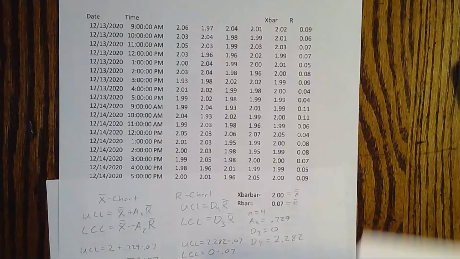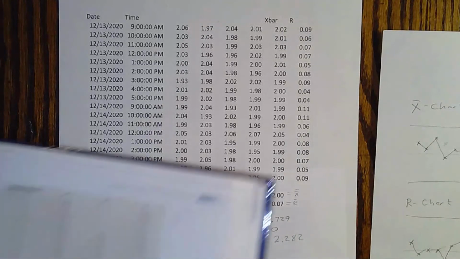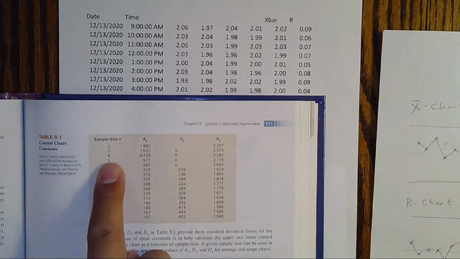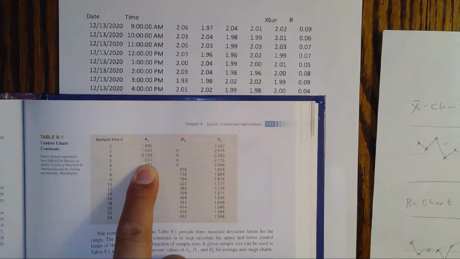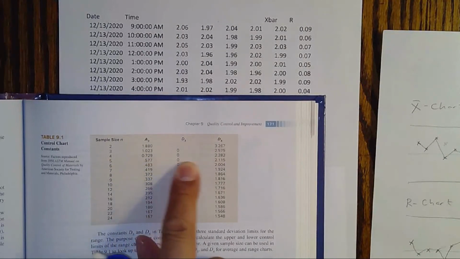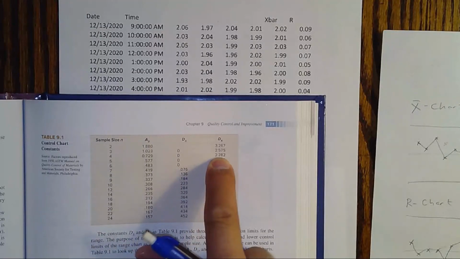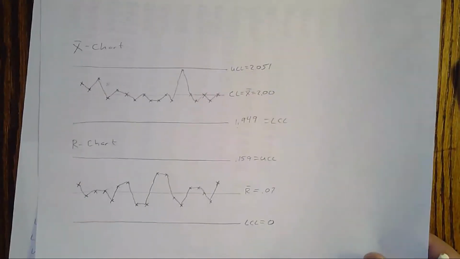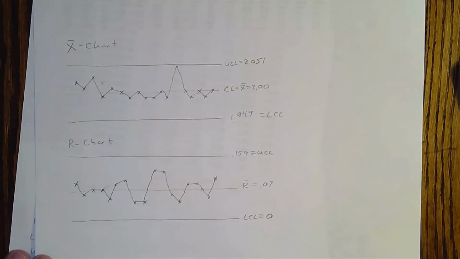The table values came from table 9.1 on page 171 of the textbook based on n equals 4, because there were 4 observations in each sample that I was averaging for the sample average, and then those same 4 points to find the range. And then I made the charts with those control limits on them and plotted the points and then interpreted them.